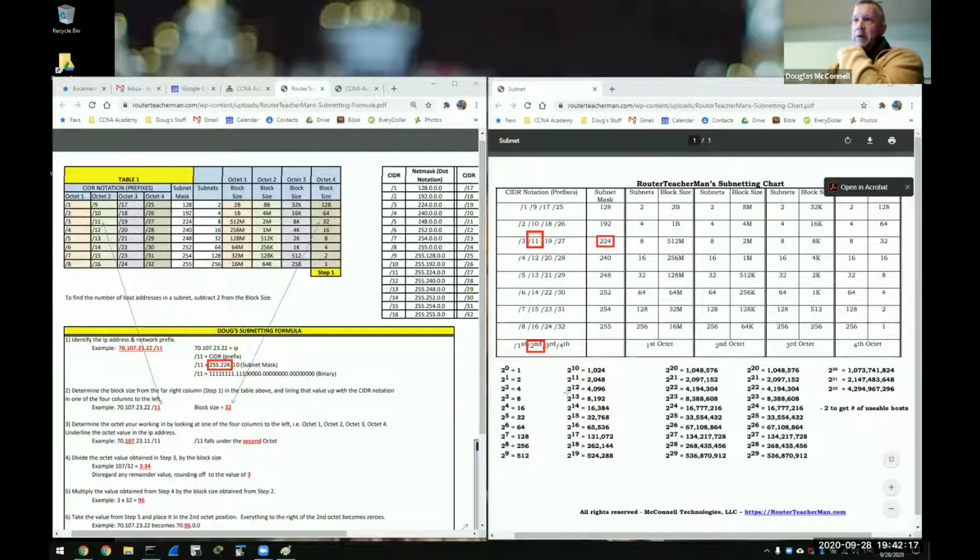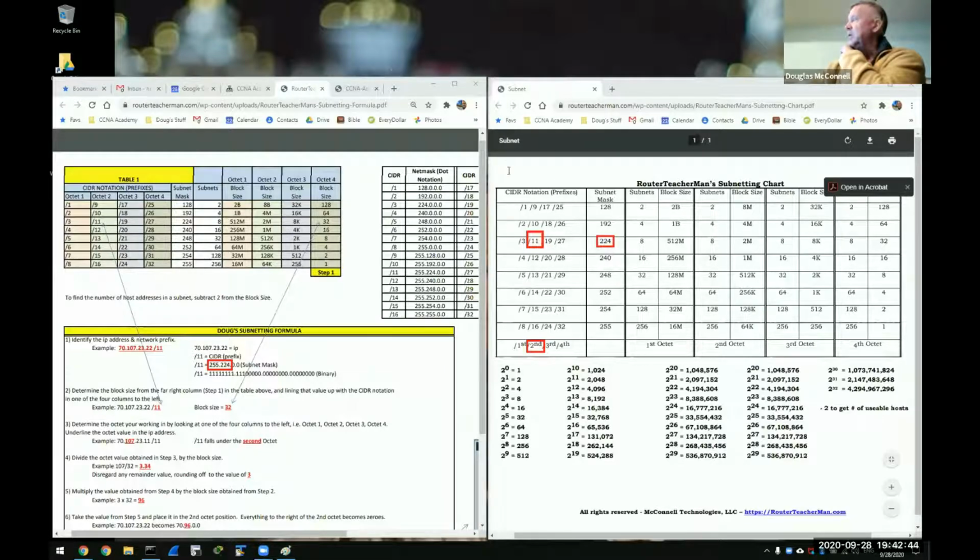So how many network bits are on in the second octet? Well, let's see, 11 minus 8. 11 minus 8. 3. 1, 2, 3. 3 bits.